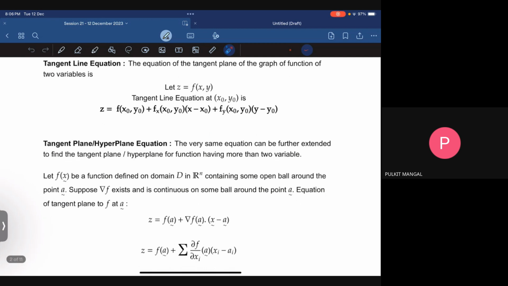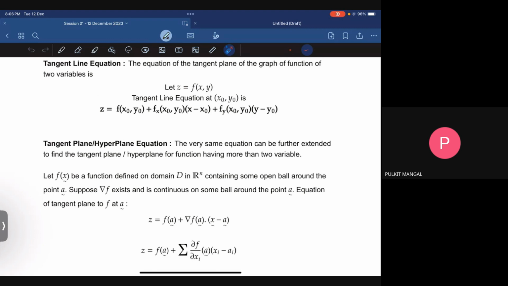This same formula we can convert for the multivariable case also to find our tangent plane and hyperplane. See here, as we have only two variables, the dimension you will get for this will be 1, which we know is a line.